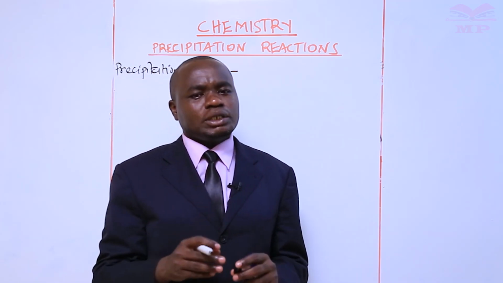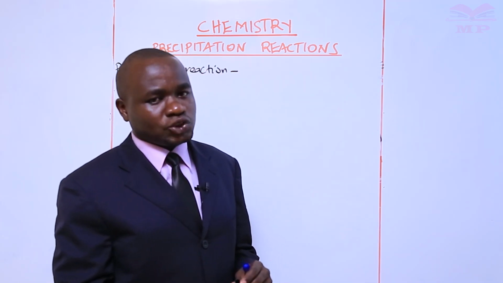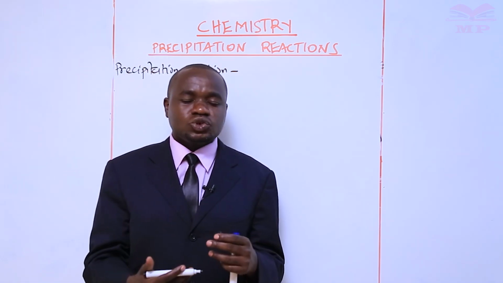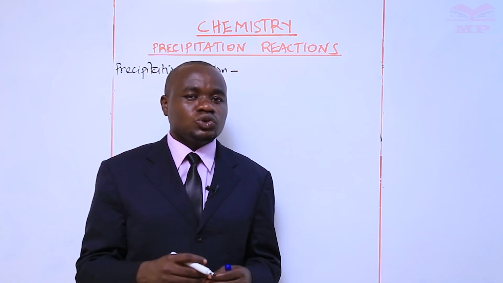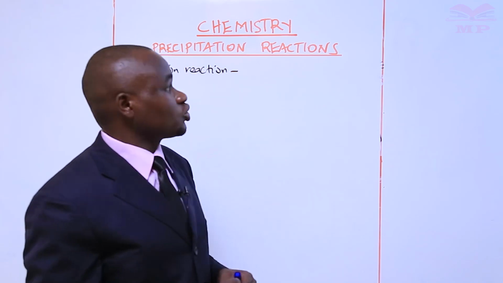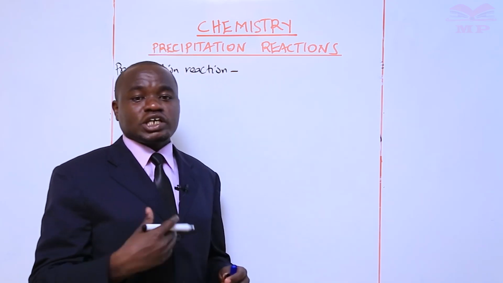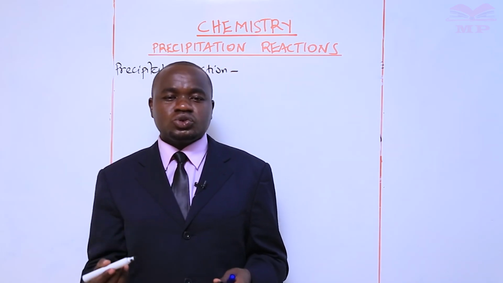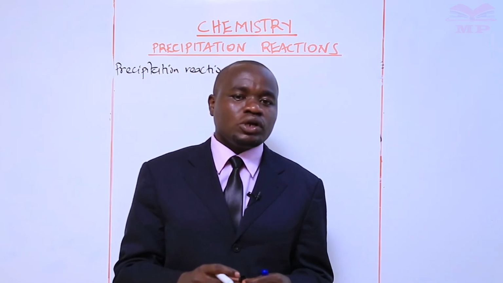Such a type of reaction, in which a solid is formed as a result of reaction between two salt solutions, is called a precipitation reaction. And in most cases, the two salt solutions will both be soluble in water.